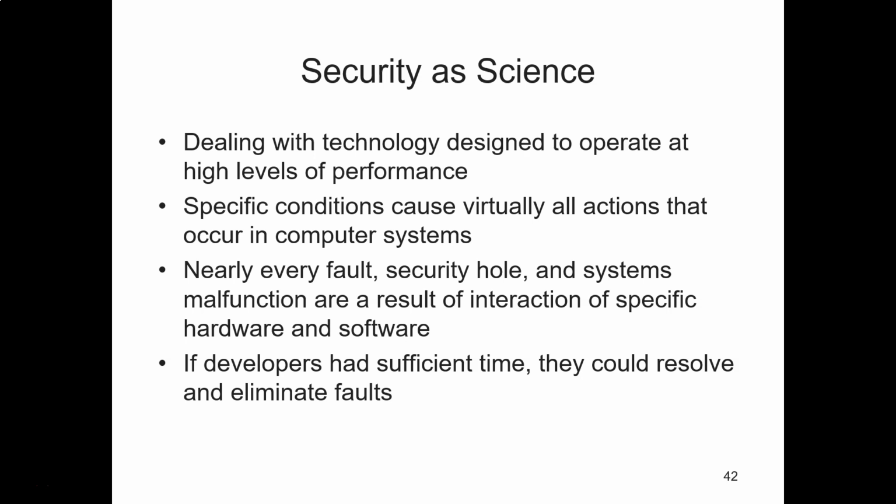Almost every fault, security hole, and system malfunction is a result of the interaction of specific hardware and software. With the feedback from computer users, developers can improve the system and resolve or even eliminate these faults.